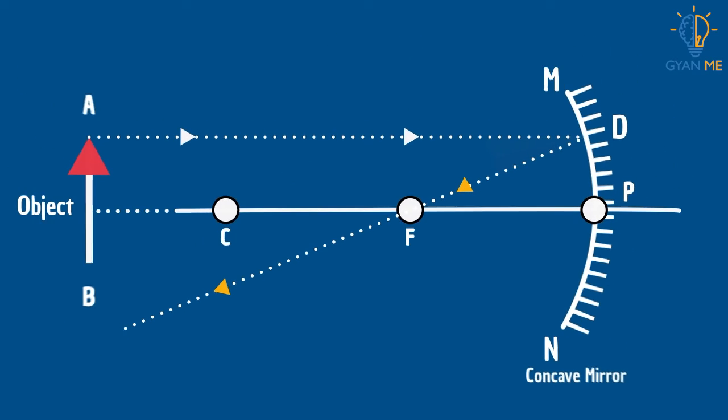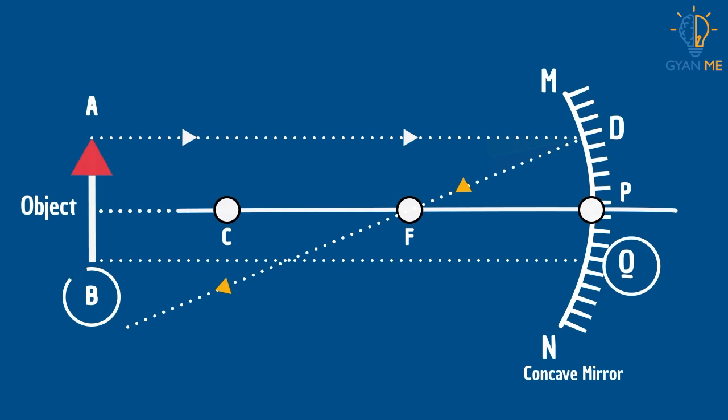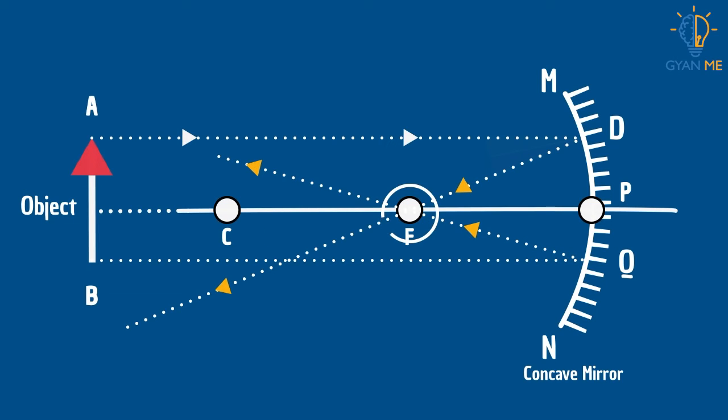The other incident ray BQ, starting from point B, again parallel to the principal axis, after reflection will pass through the focus and return along the path QF. You can see, students, it cuts the reflected ray DF at the point F. Thus, the image of object AB will be formed at point F or on the principal focus.